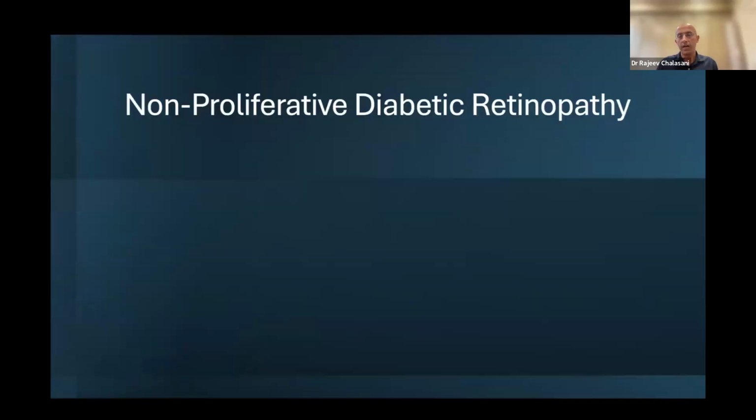So non-proliferative diabetic retinopathy is the most common form of diabetic retinopathy. And the important thing to note here is that it can progress in a stepwise process. And in many of the cases, most of these stages can be completely asymptomatic.